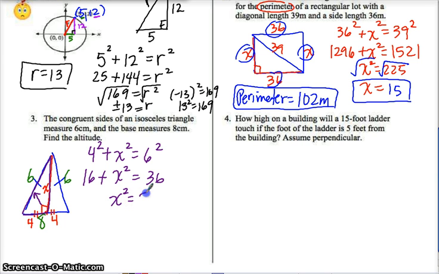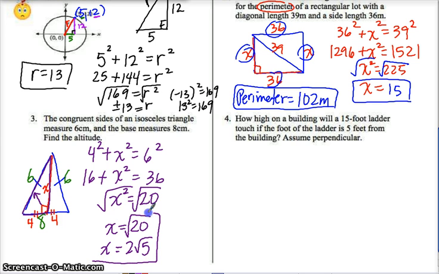I subtract 16 from both sides. I get x squared equals 20. So now I can say x equals the square root of 20, or if you have a TI Inspire calculator, it's going to tell you that x equals 2 root 5. Either of these answers is fine. I just don't want a decimal. So leave it as square root of 20 or leave it as 2 root 5.